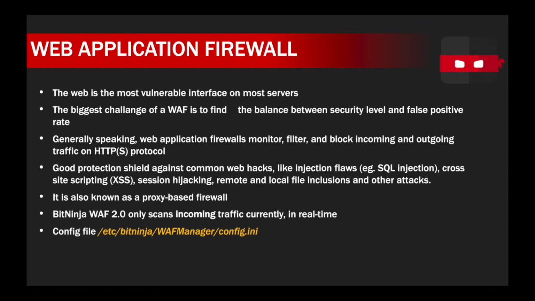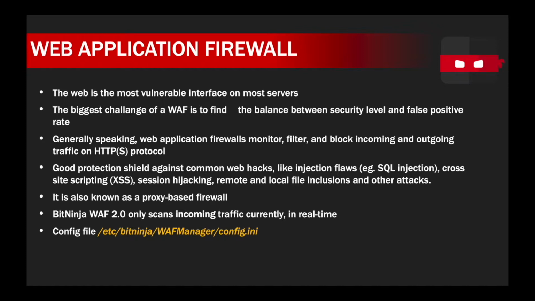BitNinja WAF 2.0 currently only scans incoming traffic in real time with a built-in HTTP proxy solution. For outbound traffic filtering, there is a different module called Outbound WAF that we are going to talk about later.